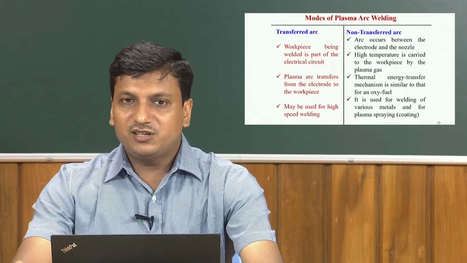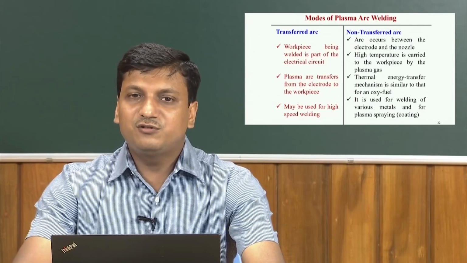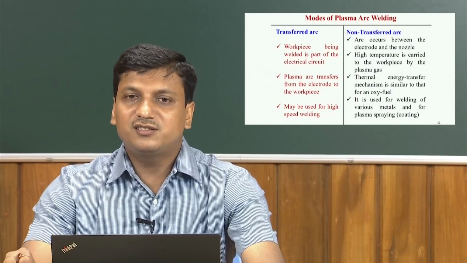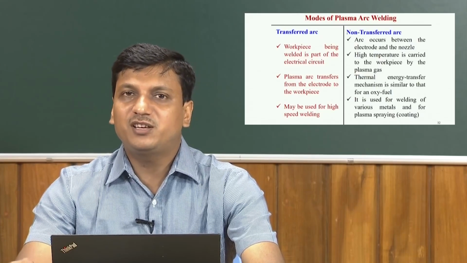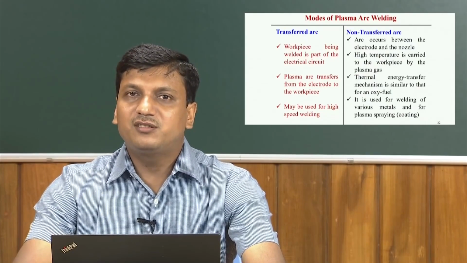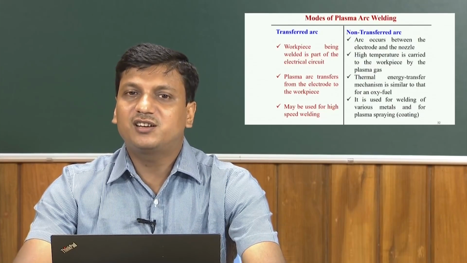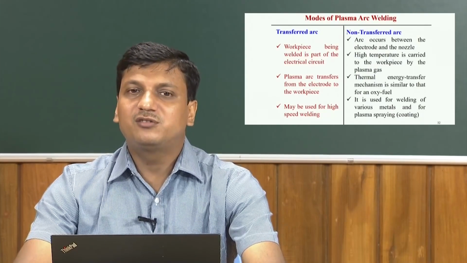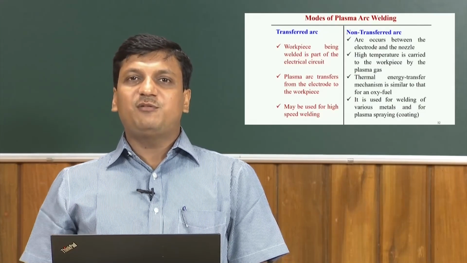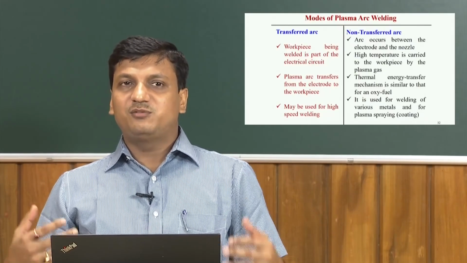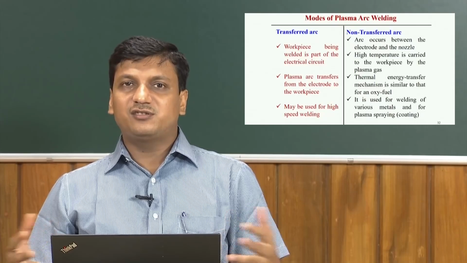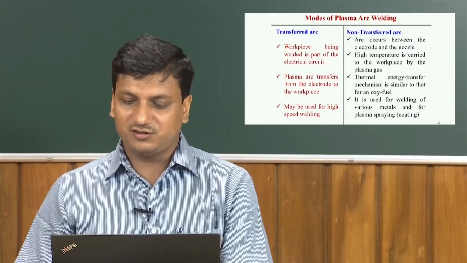So, the non-transferred arc can be used for welding of various materials, but it can also be used for thermal spraying or making a coating on the surface. For this, the non-transferred arc is more preferable. So, that is another development of the plasma arc welding process. Using the non-transferred arc basically creates a coating process rather than a welding process.